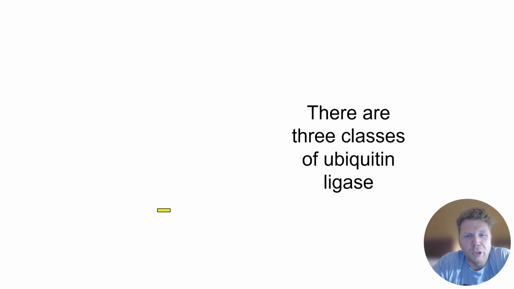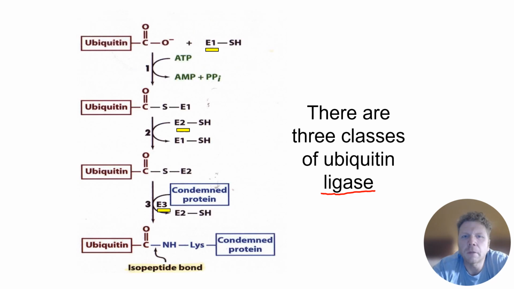Now, how are we actually going to do this? I want you to know the enzymes that are involved. First and foremost, the enzymes involved in ubiquitination of a protein are of the class of enzymes known as ligases. So they make covalent bonds. Generally they're going to use ATP to make those bonds, but they're not a transferase, so they're not adding a phosphate to a protein.